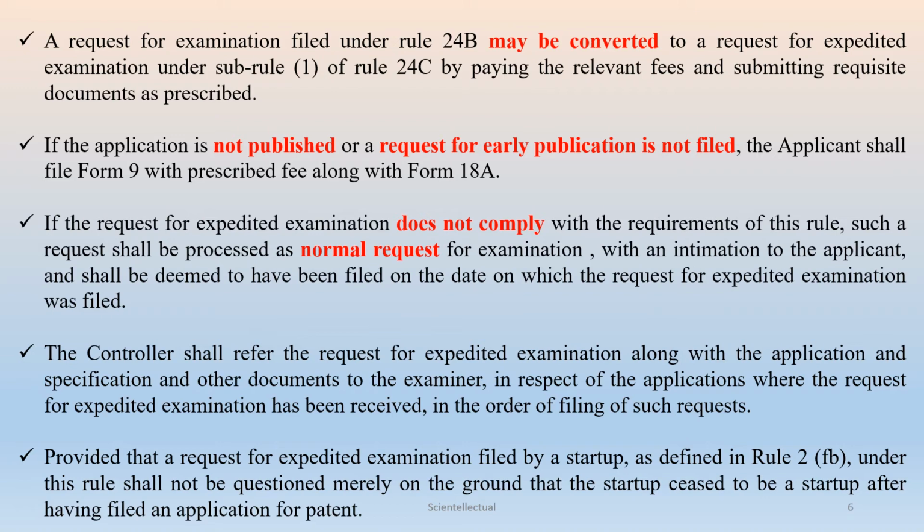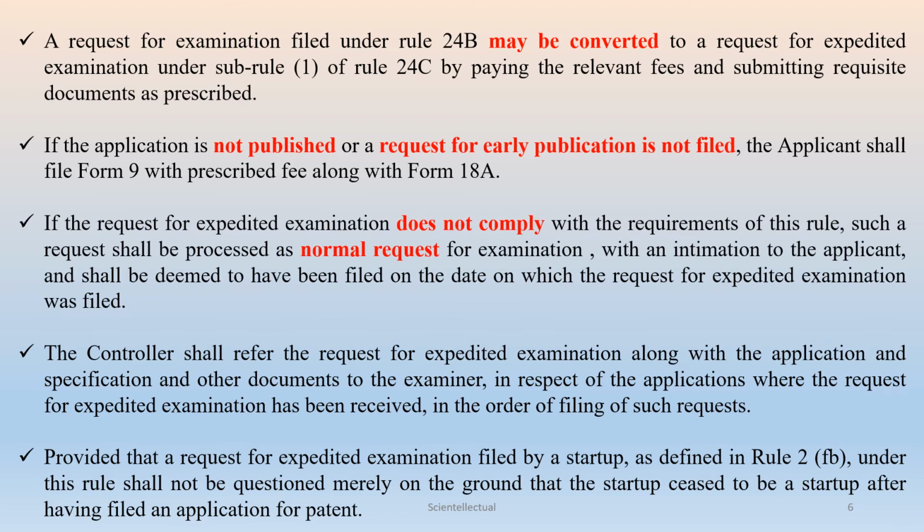If the application is not published and request for early publication is not filed, in that case, the applicant shall file Form 9 and Form 18A together with fee. If the request for expedited examination does not comply with the requirement of the rule, the grounds that have already been discussed in previous slides, in that case the request shall be proceeded as a normal request for examination.